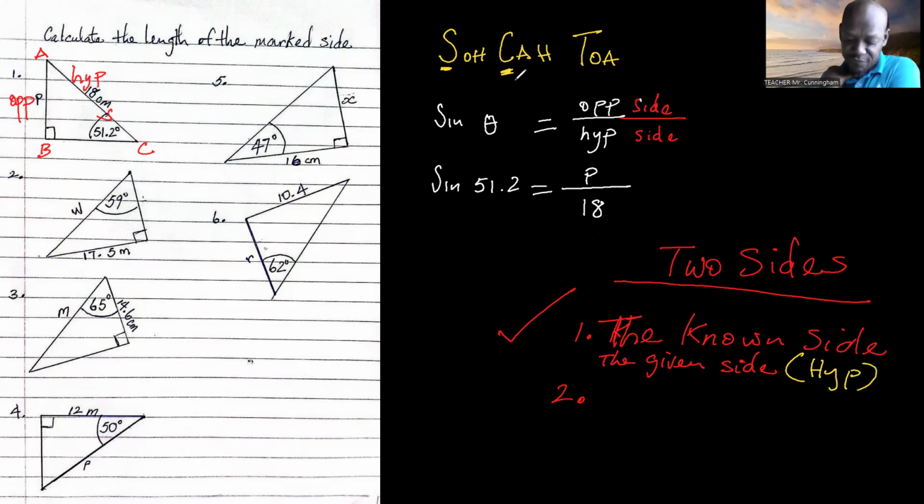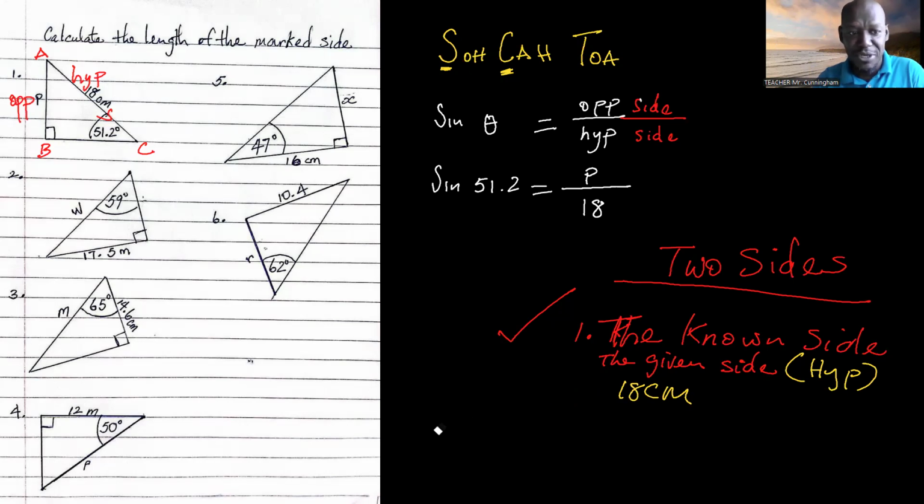What else do we look for? No, not yet, because you only know the known side, which is the hypotenuse, which is the 18. What else do I look for? So I want to look for the known side, and what else?